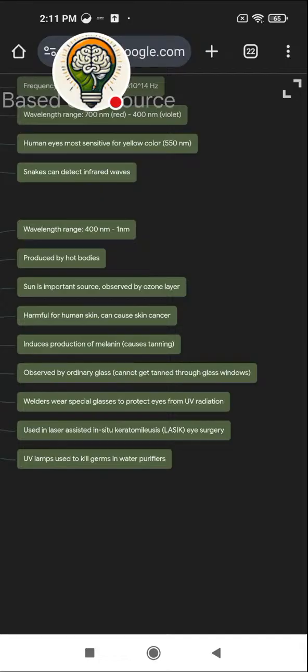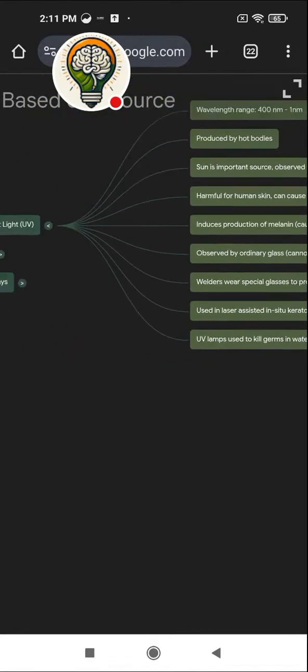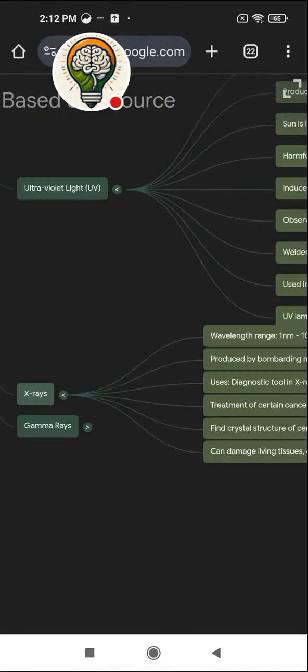Welders wear special glasses to protect the eyes from UV rays, and UV is used in LASIK eye surgery, and UV lamps are used to kill germs in water purifiers.